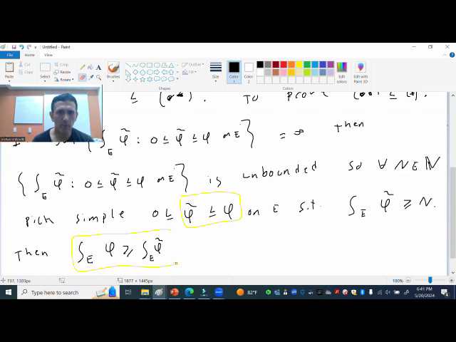Remember, we haven't proved it yet for general non-negative measurable functions, but these are two simple functions, so we have proved that. This is bigger or equal to n.